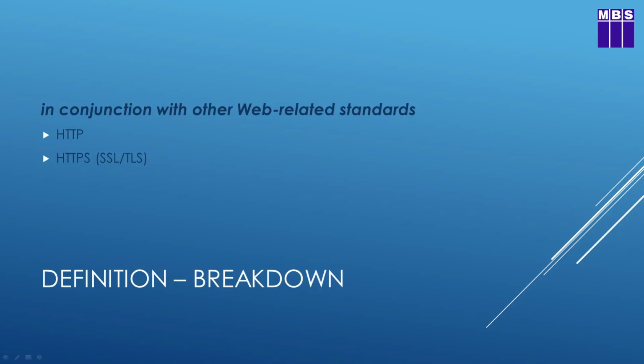And lastly, the definition says the web services are used in conjunction with other web-related standards. The major ones of those are HTTP and HTTPS. HTTP is Hypertext Transfer Protocol, and that is the protocol that is responsible for requesting and receiving information across the web. So when you start up your browser and you go to request a web page, your browser will compose what's known as an HTTP GET request, and that will ask the remote website via the remote website server for a particular page.